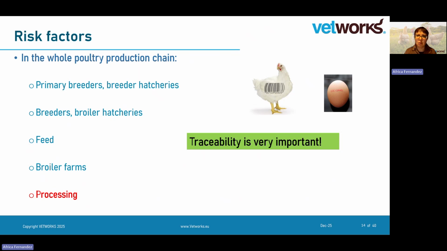There are many strategies that we can put in place to reduce our risk of Salmonella spreading wider.